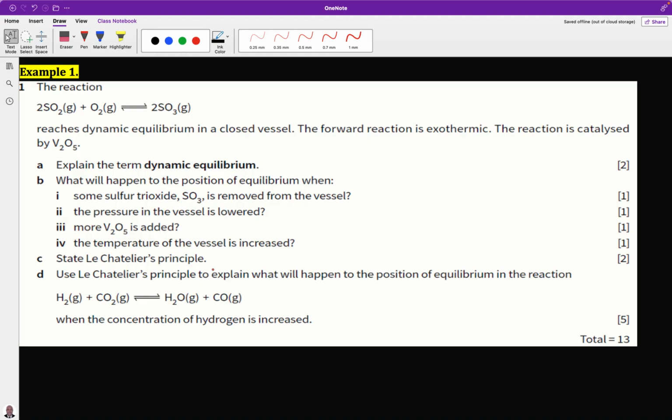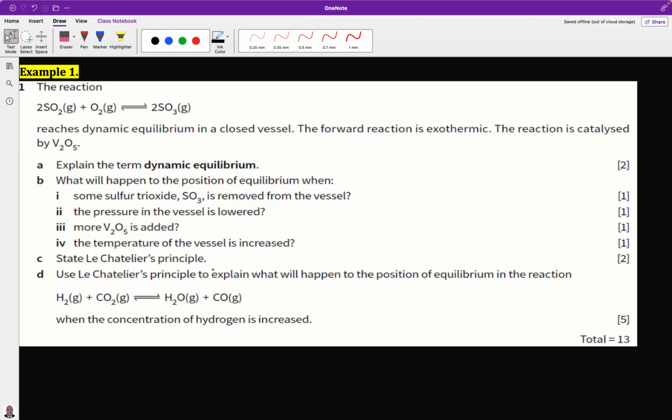Once more, for you to achieve a dynamic equilibrium, it must be in a closed system, as mentioned in the question. Being in a closed system means that no substance is added or removed. No substance is added or lost from the system. And in a closed system, the rate of forward reaction is equal to the rate of backward reaction.